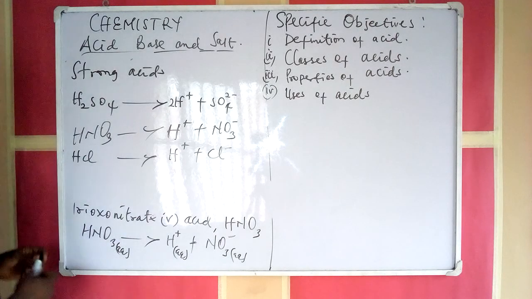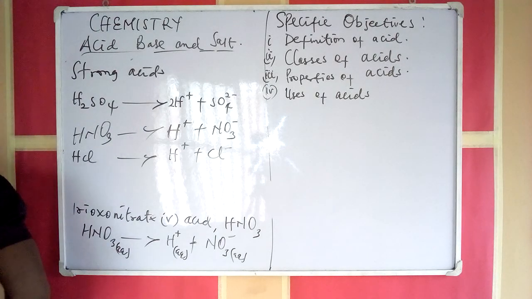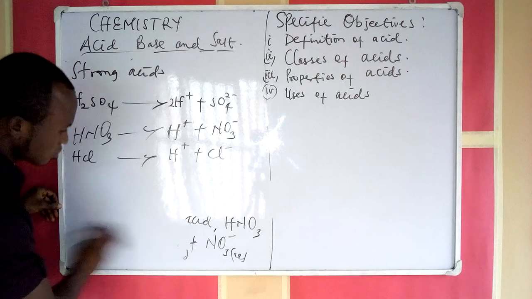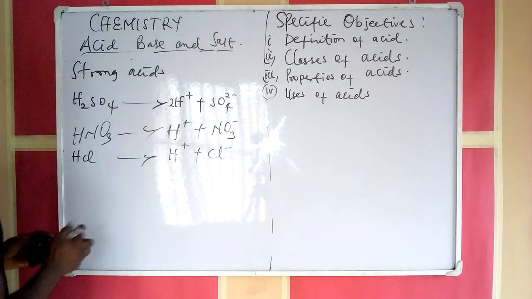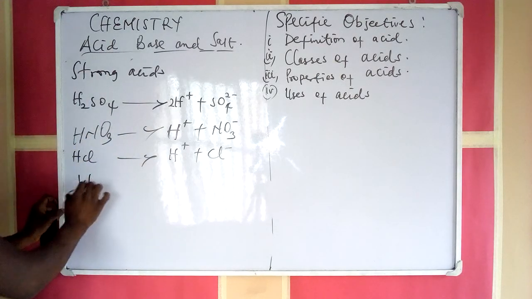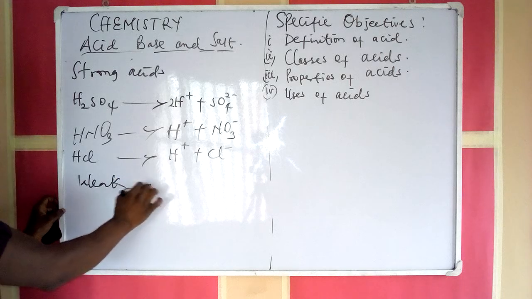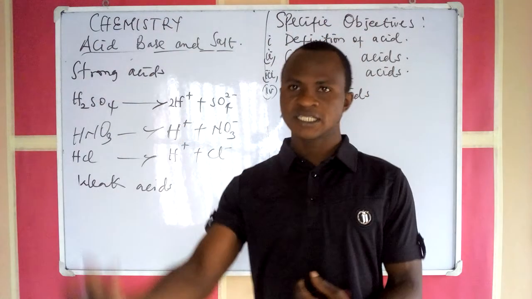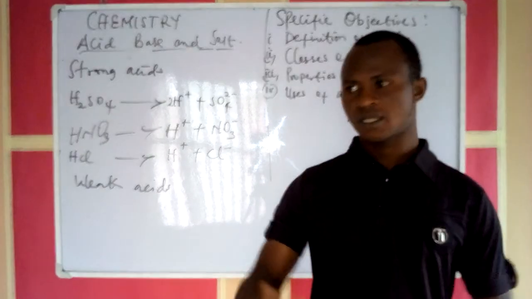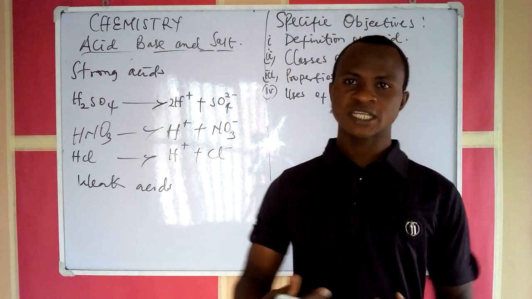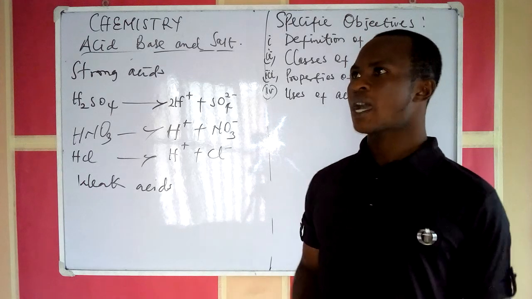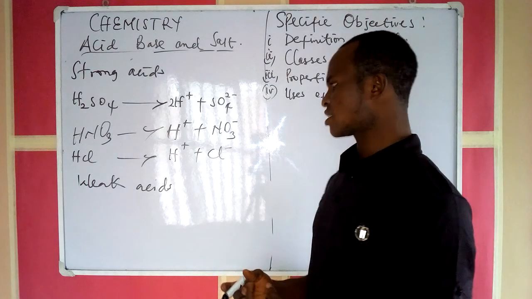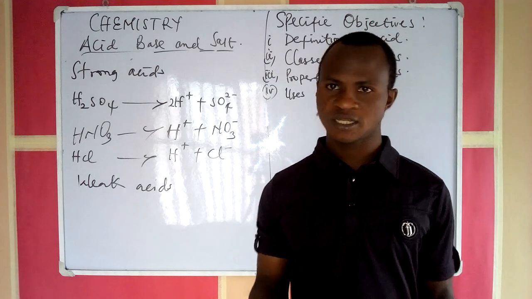So we look at the other ones that we call weak acids. Don't forget, weak acids are acids that ionize partially in water, that dissolve partially in water. How do we show that they ionize partially?